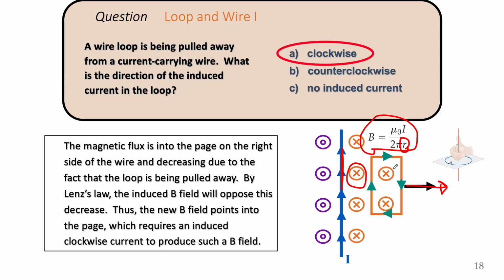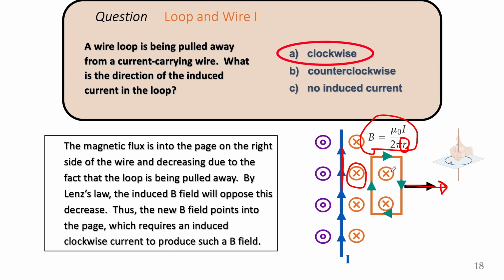So the loop is going to create magnetic field into the page again, so that it could compensate the decreasing flux. It will try to increase the flux with magnetic field into the page.